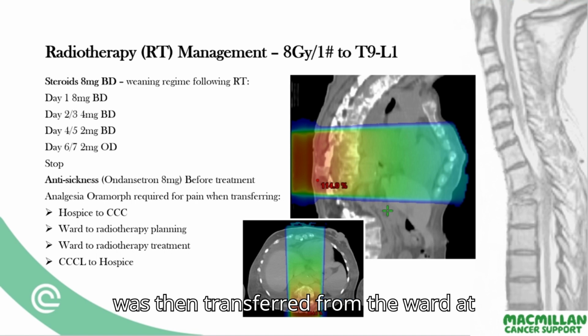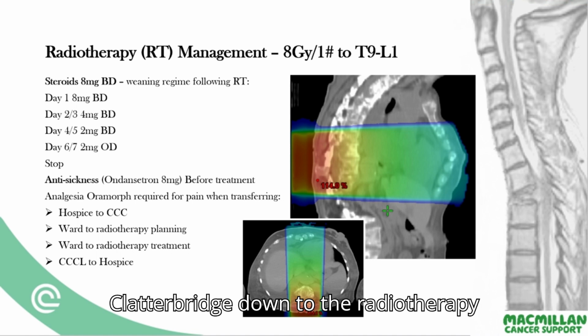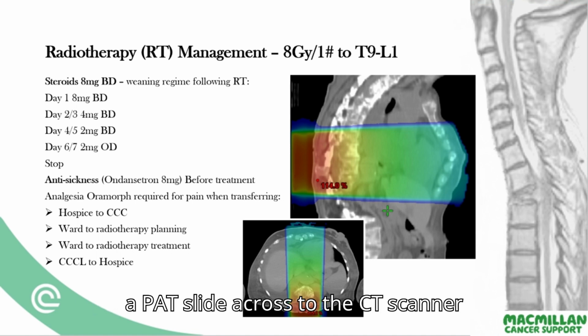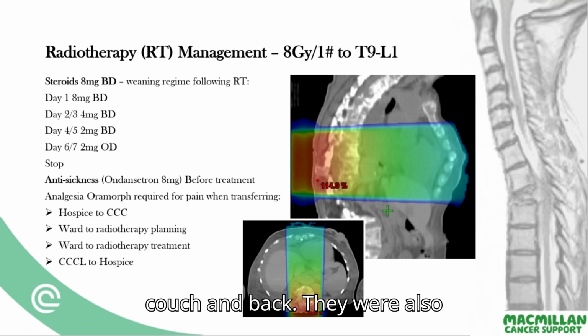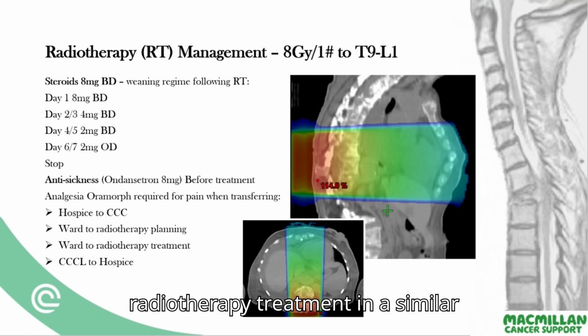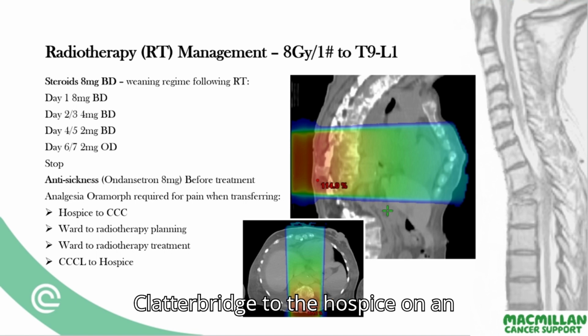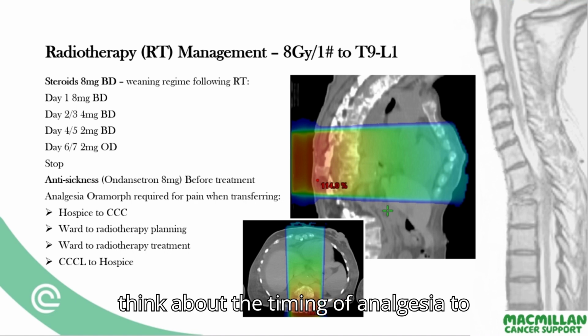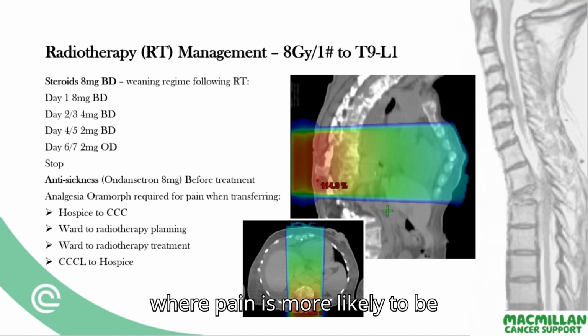The patient was then transferred from the ward at Clatterbridge down to the radiotherapy planning department, where they required a PAT slide across to the CT scanner couch and back. They were also transferred from the ward down to radiotherapy treatment in a similar process, which required moving the patient, and then also back from Clatterbridge to the hospice on an ambulance transfer. So it's important to think about the timing of analgesia to try and optimize it for those points where pain is more likely to be exacerbated.